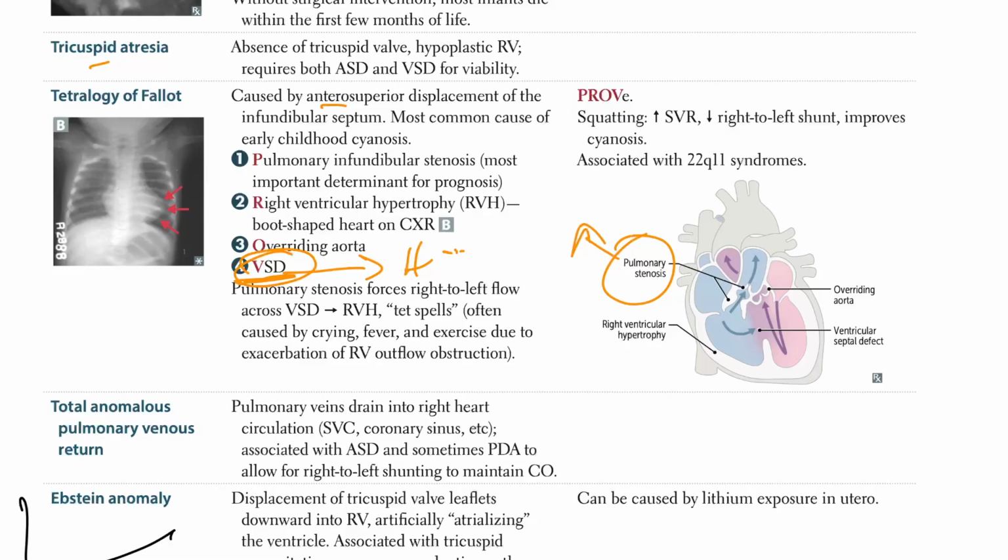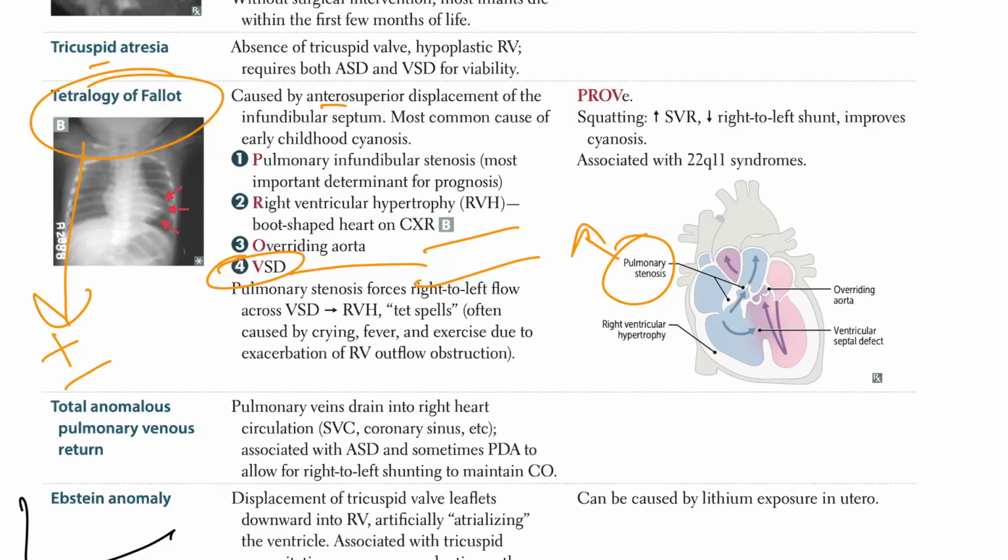That is going to be your pulmonary stenosis murmur. Now, one more high yield point: we said in the VSD that if you have a bigger VSD, it's not going to give you a prominent murmur. So in these tetralogy of Fallot patients, you will not see a prominent VSD murmur, but what you will see is the prominent pulmonary stenosis murmur.